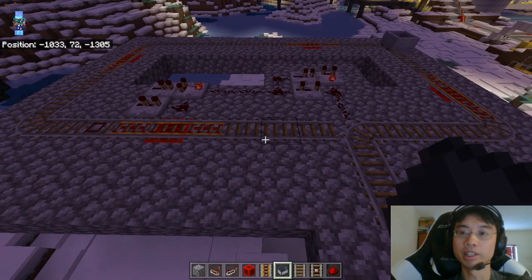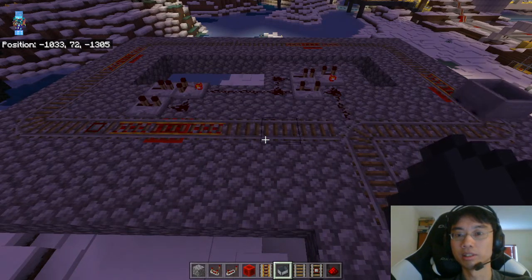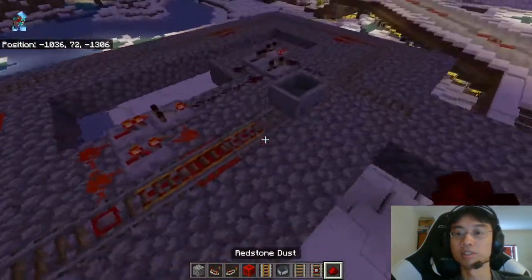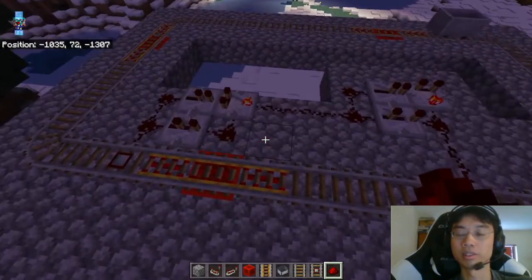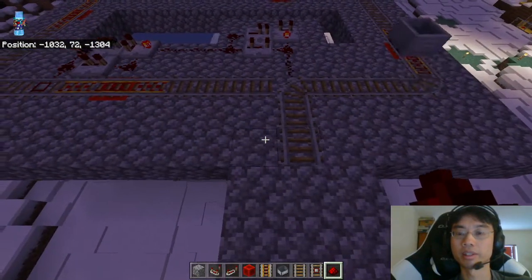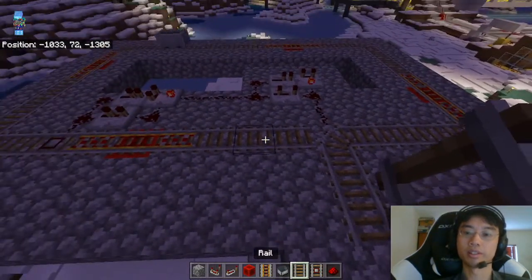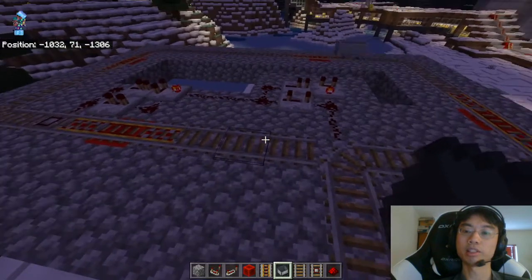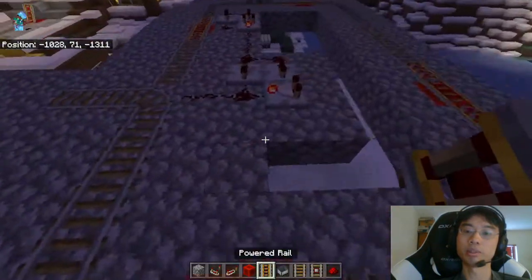The fact that I'm not sitting in it means that the minecart is going slower than... Oh, I'm missing redstone here. Right, the minecart is slower than it would be otherwise.